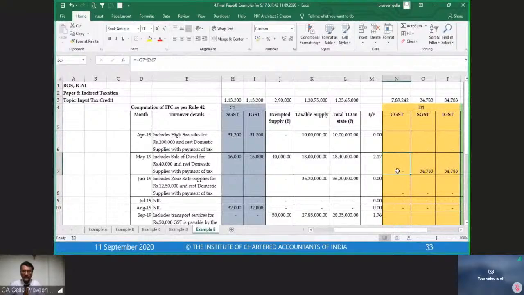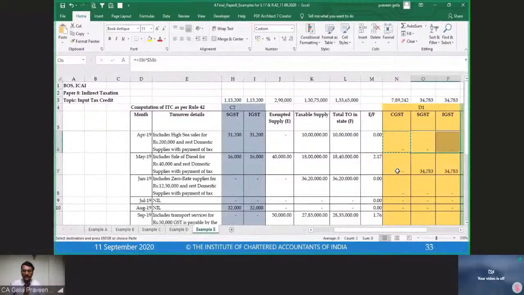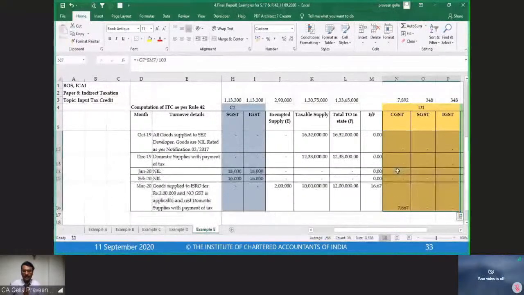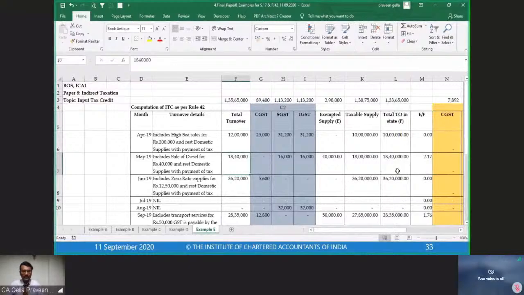Now, I think this should be a percentage. What I'll do? Here I'll apply divide by 100, 2.17 by 100. So when I apply that, I'll get the formula. I think now we have got the formula. If I look for the month of May, I have taken 16,000 credit. I got 2.17%, which is ineligible.